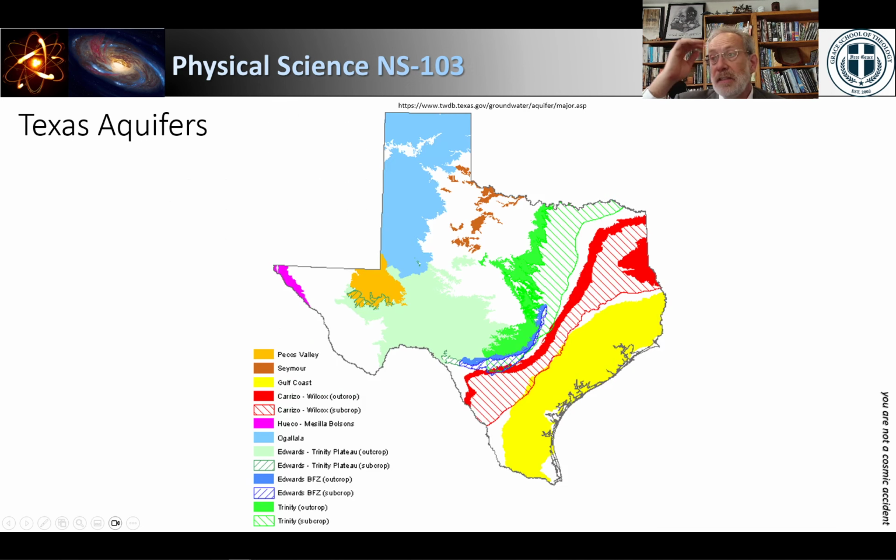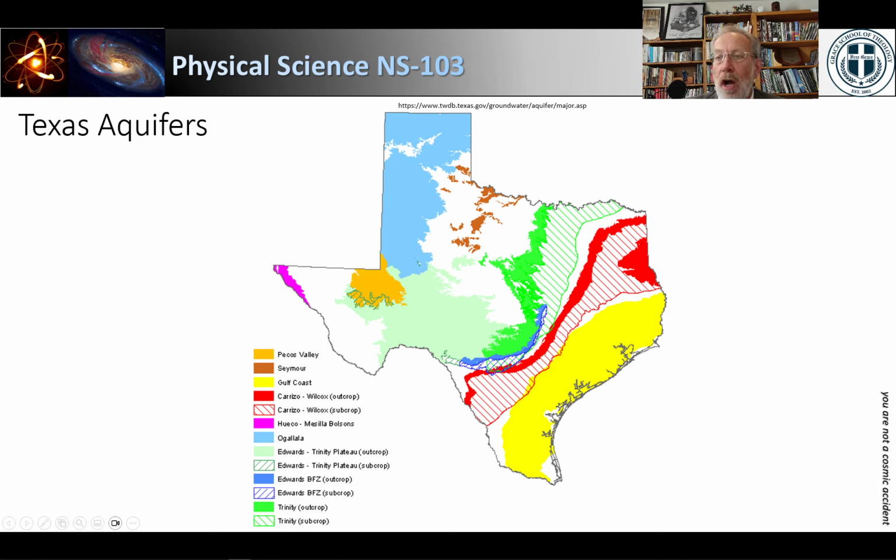Now I live here in Texas, and so I found this picture of the Texas aquifers. We have this aquifer along the Gulf Coast, which is this yellow area. Then through this central portion, we have the Carrizo, which is another aquifer. Then this blue area, as well as this green.